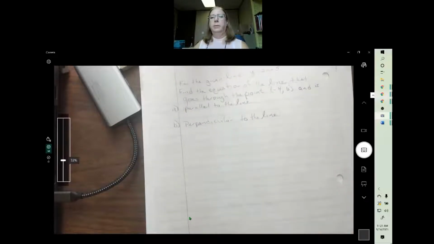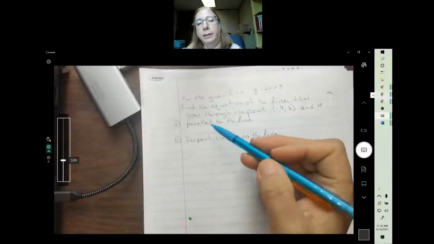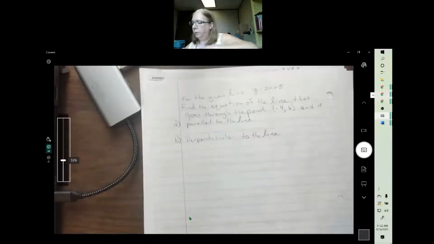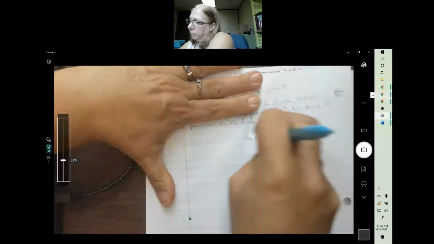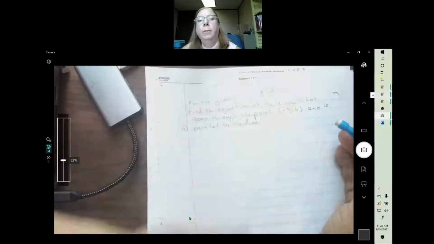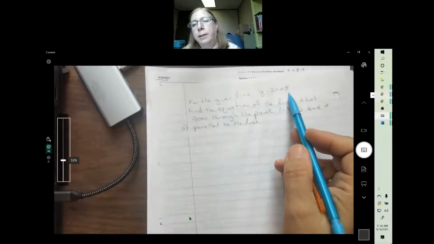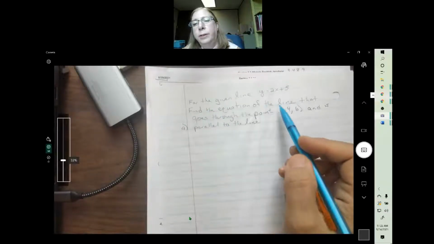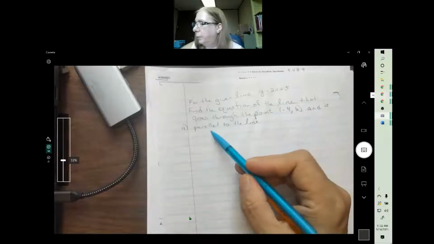The other one that's definitely on the take-home part is this one, parallel and perpendicular lines. So we'll do the parallel one first. We have a given line, y equals 2x plus 5. We want to find the equation of the line that goes through this point and is parallel to this line.